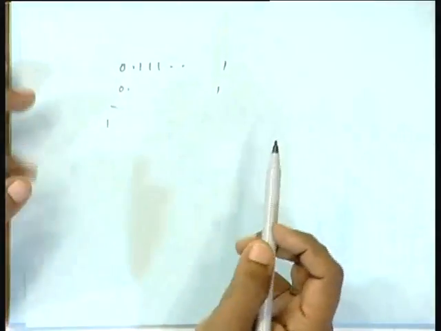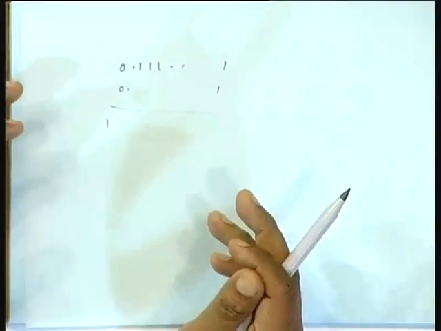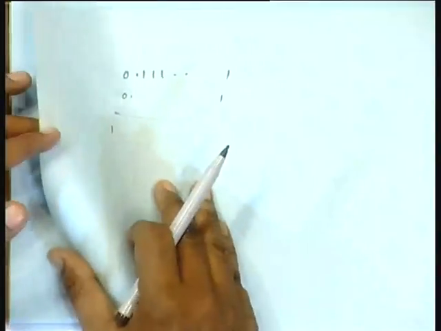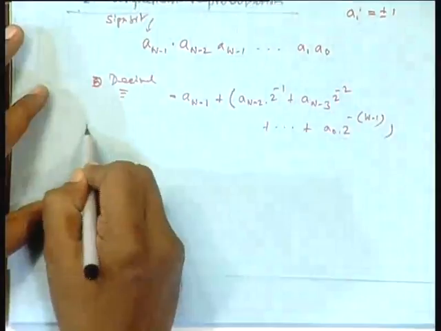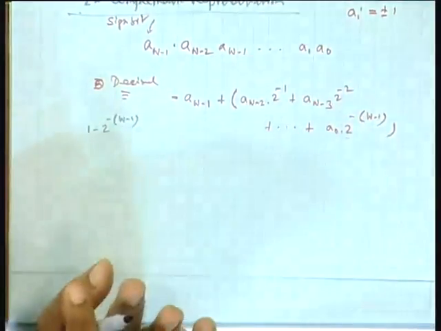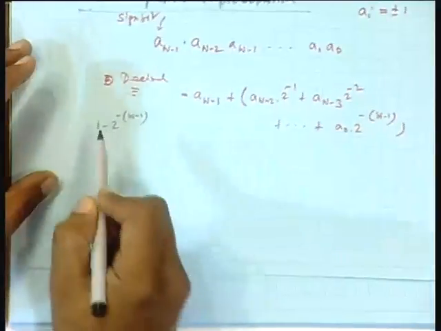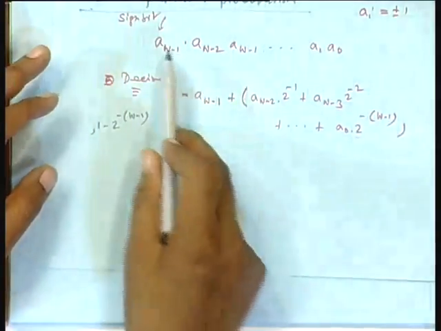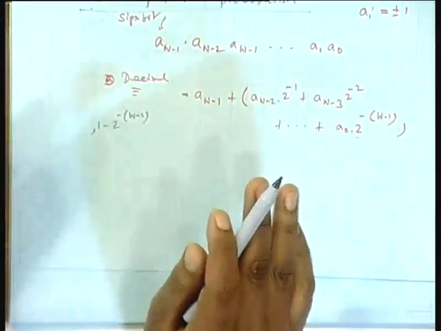1 minus, that's all. Why GP and all that? This is smart thinking. I am sure you guys are very smart. You can do it. So the range is 1 minus 2 to the power this thing. This is on the positive side. And the negative side is, as I told you, when the sign bit is 1 and all are 0, then it is maximally negative, -1.